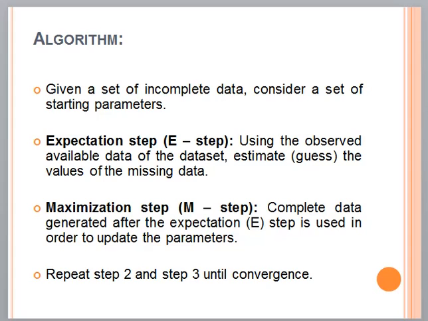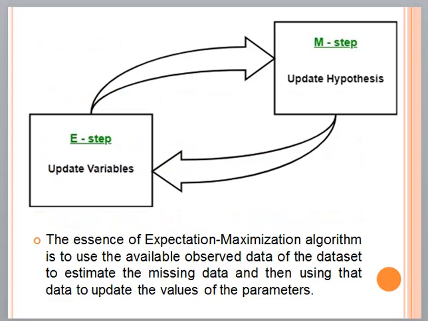And the M step uses the complete data generated after the E step in order to update the parameters. So the update of the parameters is performed in the M step based on the values generated in the E step. And then we repeat these two steps, step number 2 and step number 3, until we reach convergence. So this is a visualization of the E step and the M step.